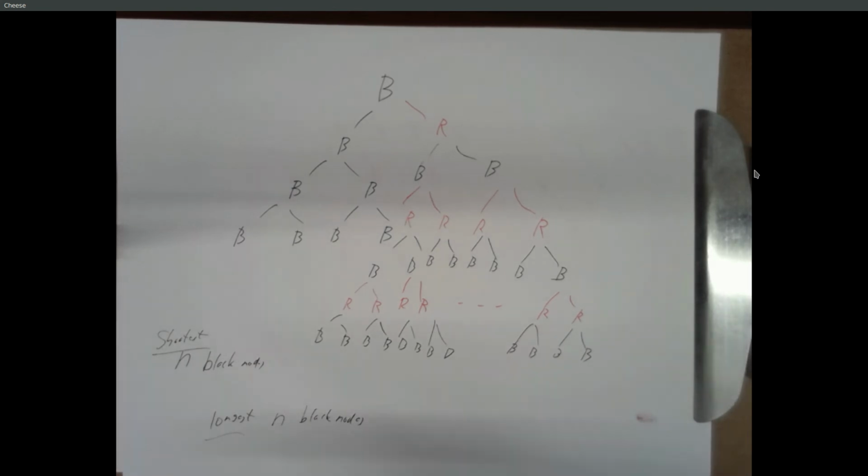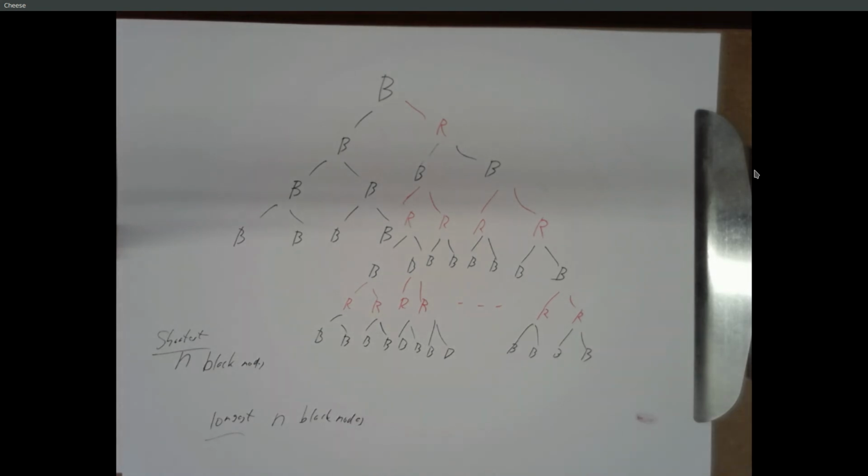And we might have some red nodes scattered in here and there, right? So our shortest path that contains n black nodes, how many red nodes can it contain? If we want it to be as short as possible. 0. Right? If it's got to have n black nodes, but we want this path as short as possible, don't put in any red nodes. So our shortest path is just n black nodes, one after another.